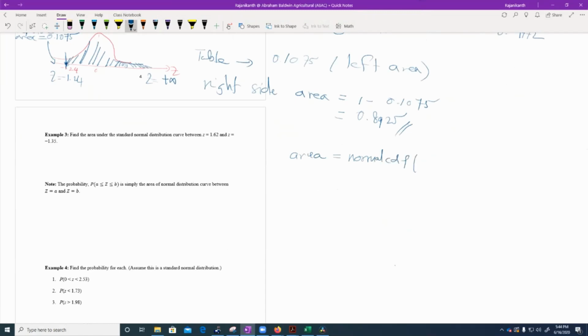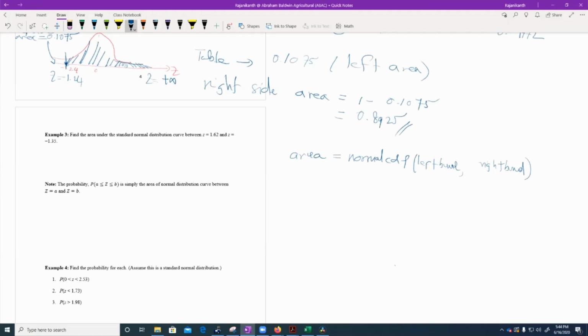Now put the left bound of your area and the right bound. These two are just numbers. First figure out which area you want to find, then put the left bound and right bound of that area. Then this will give you the area directly. You don't need to subtract. Simply put the bounds of the area.